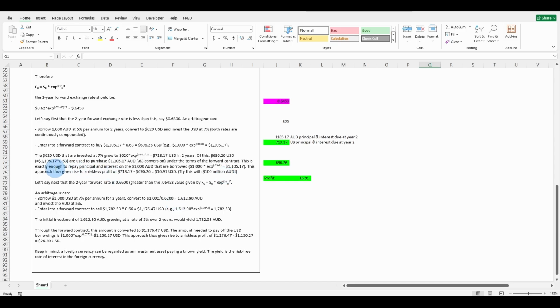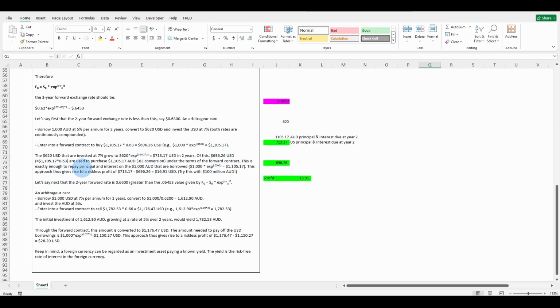The 620 US dollars that are invested at 7% grow to 713.17 US dollars in 2 years. Of this, 696.26, which is 1,105.17 times 0.63, is used to purchase 1,105.17 Australian dollars under the terms of the forward contract.